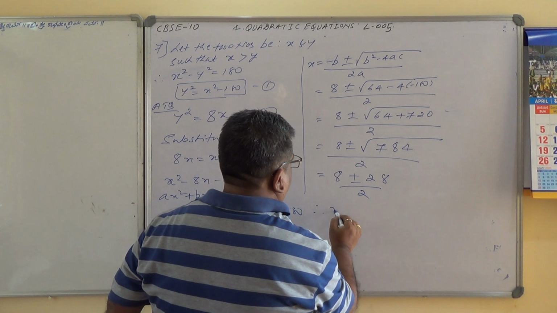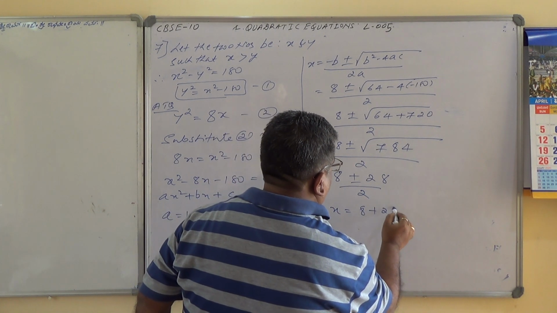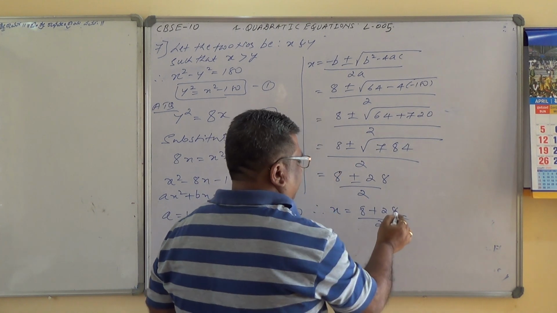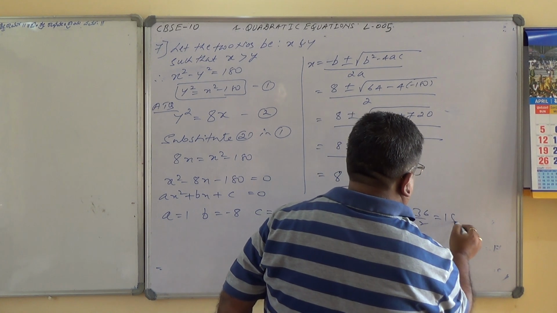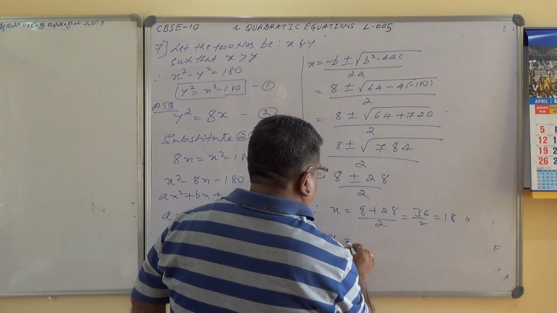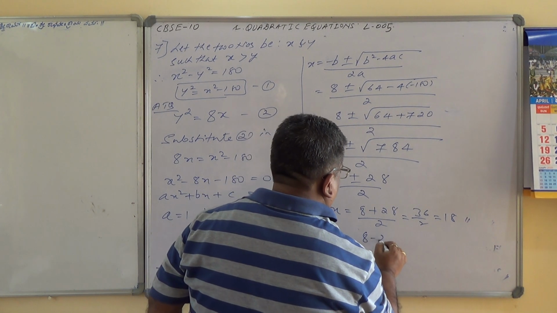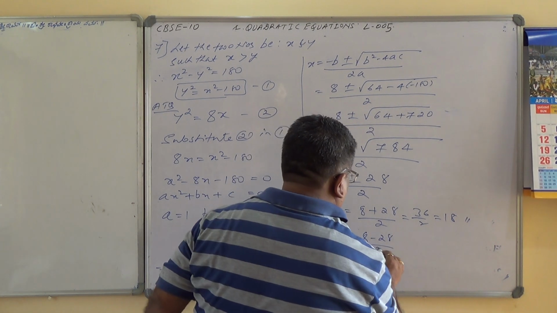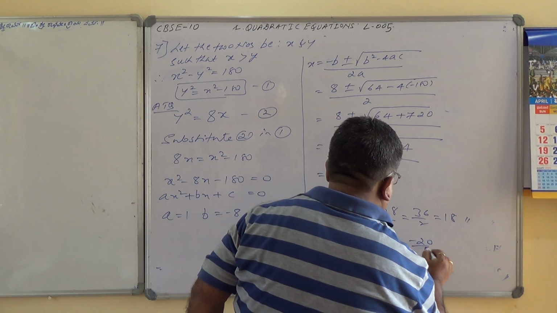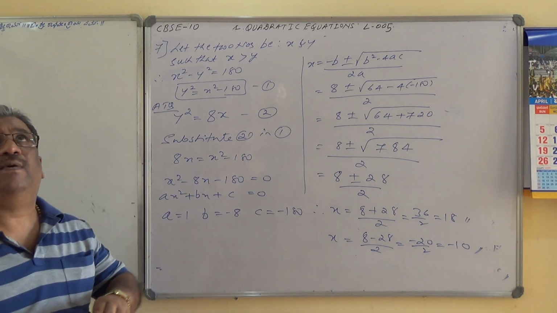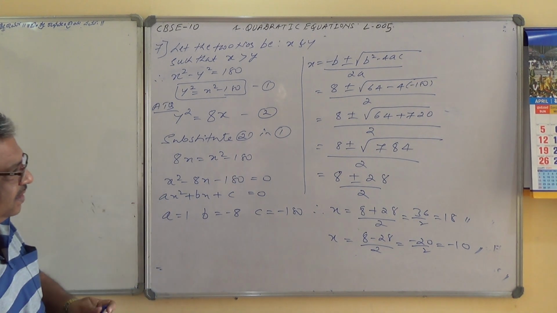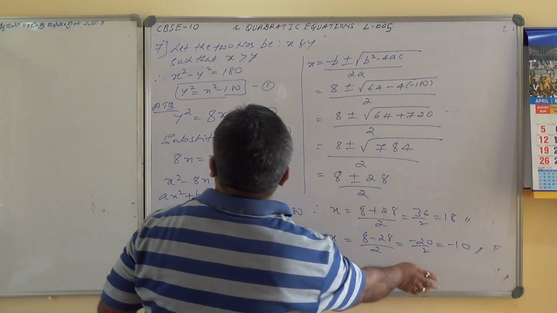Therefore, x equals 8 plus 28 by 2, which is 36 by 2, 18, or x equals 8 minus 28 by 2, which equals minus 20 by 2, which is minus 10. Which one will you discard? Minus 10. Why will you discard it?